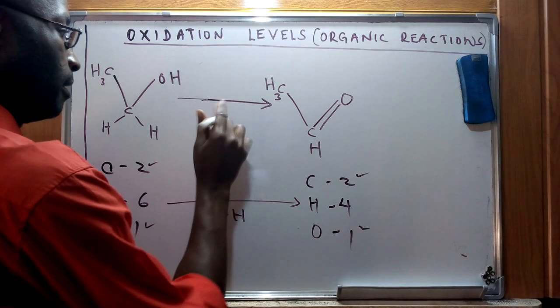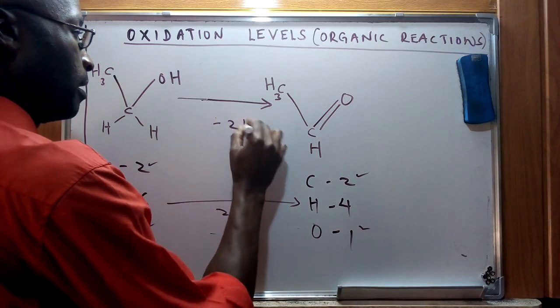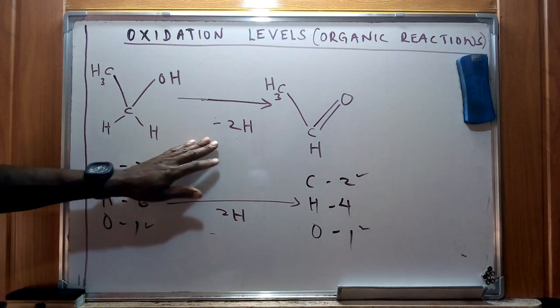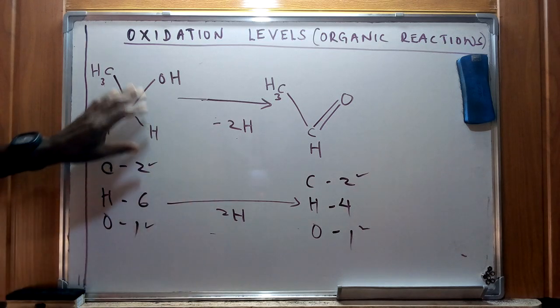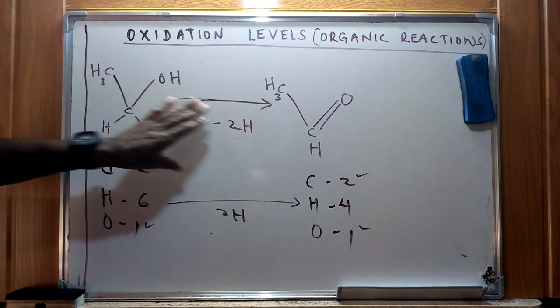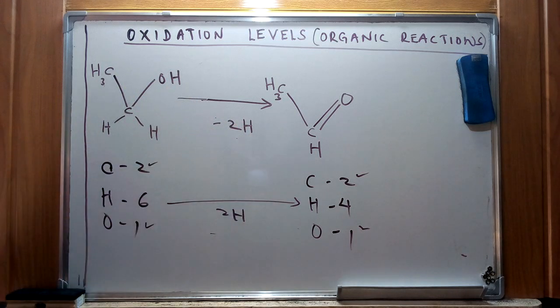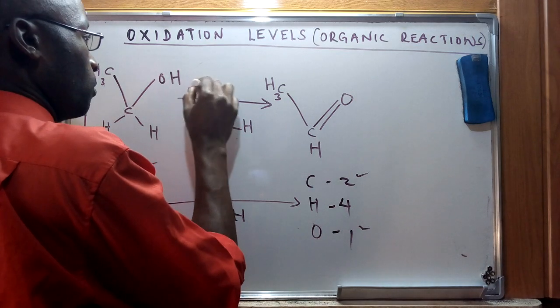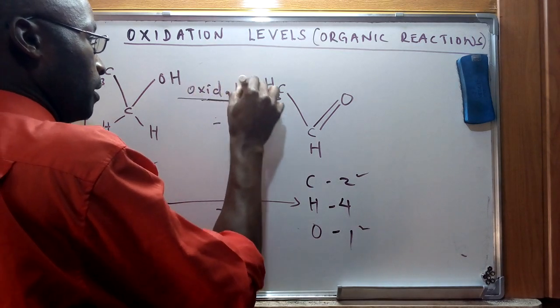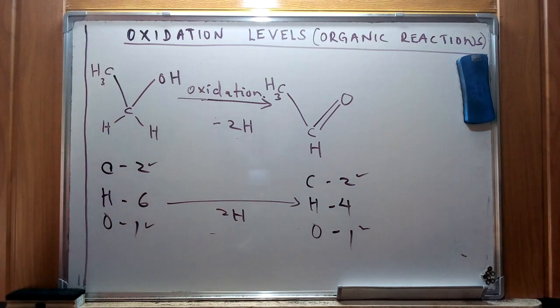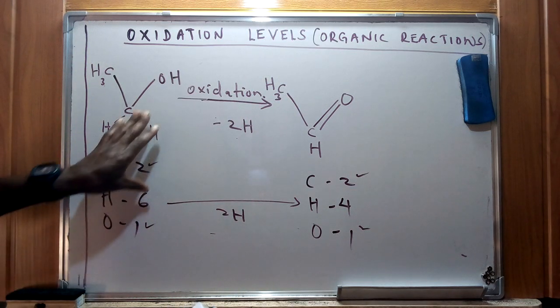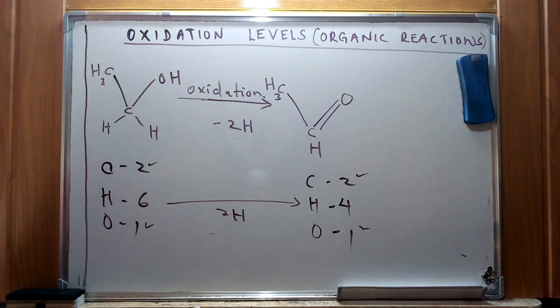One of the processes we use in formation of aldehydes is mild oxidation of primary alcohols, as we have discussed in one of our videos. And therefore, the loss of hydrogen is referred to as an oxidation reaction, and this forms one of our first examples.